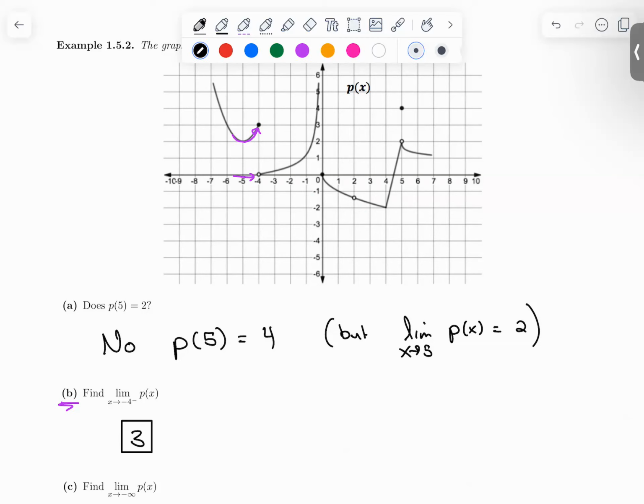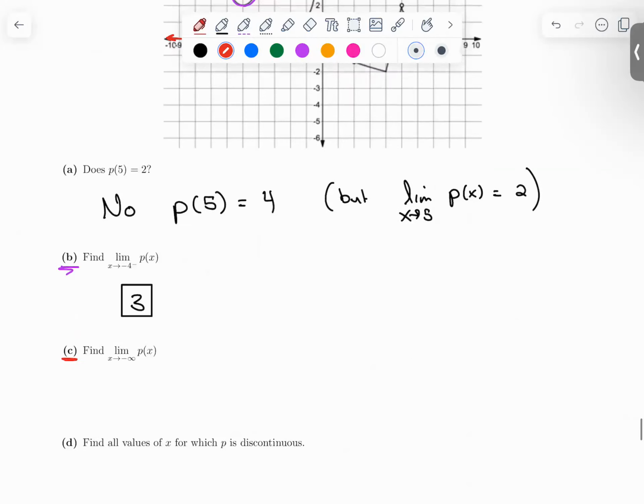At least last time I checked, we can't add arrows to the end of a function. So we just have to imagine that they're there. I usually add them in on my graphs if I put them on the exams. But the limit as x approaches -infinity is going to be positive infinity. It's going to keep going up and up and up and never stop. So its y values are increasing indefinitely, which means the answer should be positive infinity.